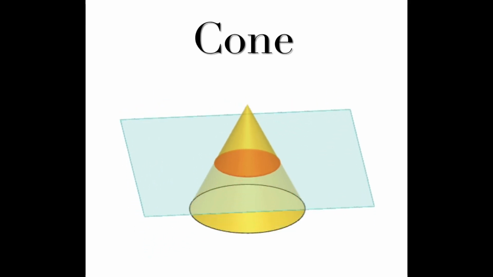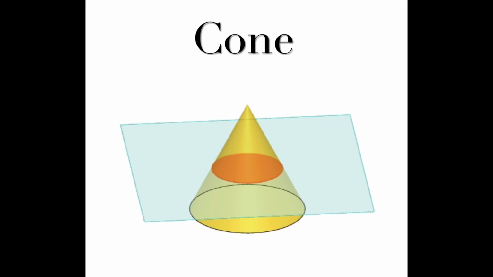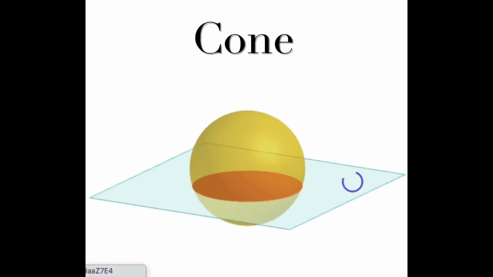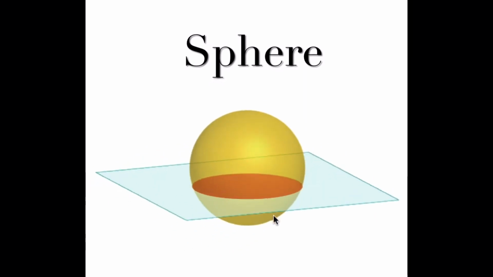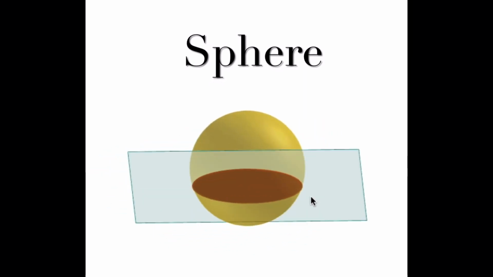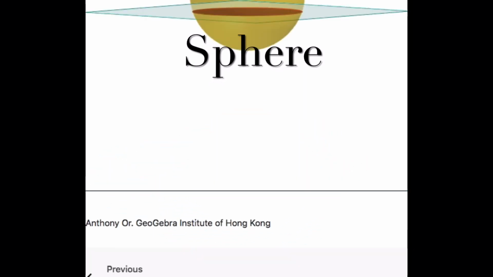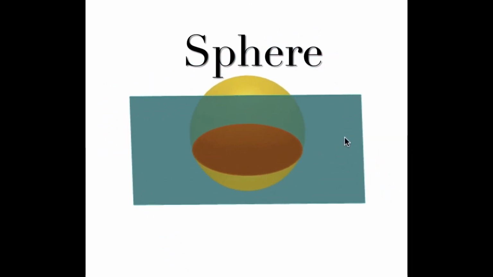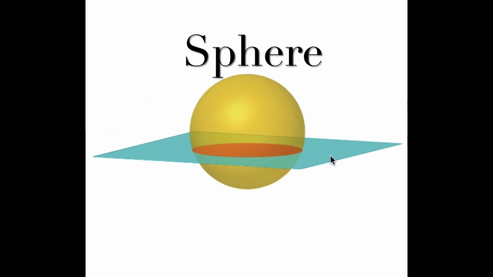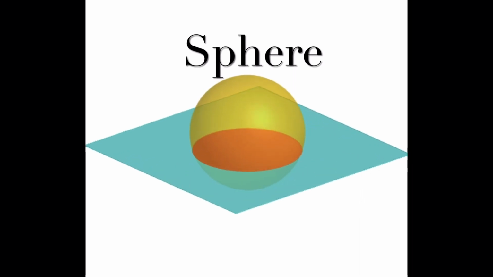Now there's a shape that has no faces. That would be a sphere. Now a sphere has no faces at all. In fact, because it has no faces, it also has no edges and it has no vertices.